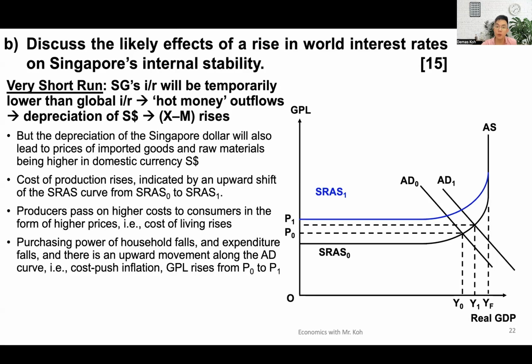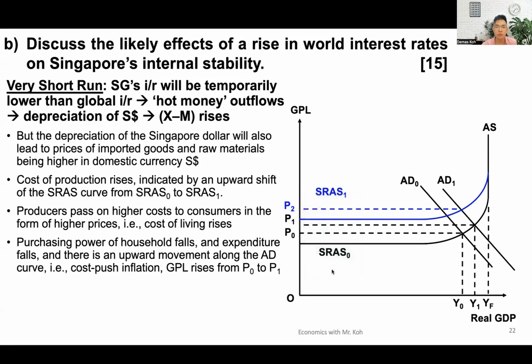The purchasing power of household falls and expenditure falls, right? So there is an upward movement along the AD curve, along AD1, right? And cost push inflation occurs, so GPL rises. Sorry, there is a typo here.